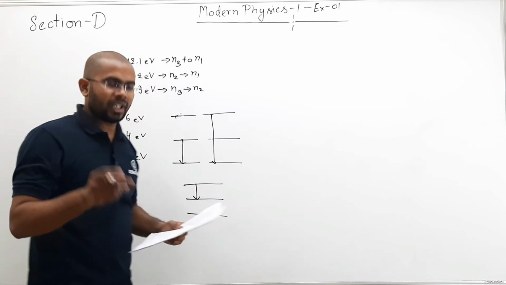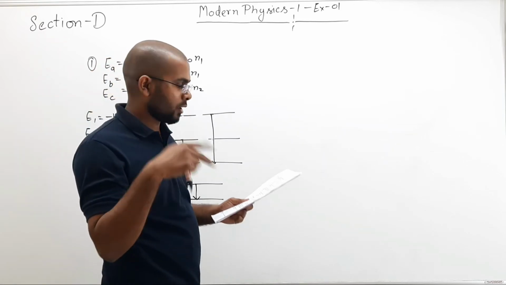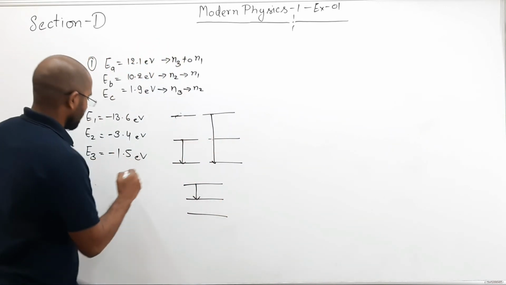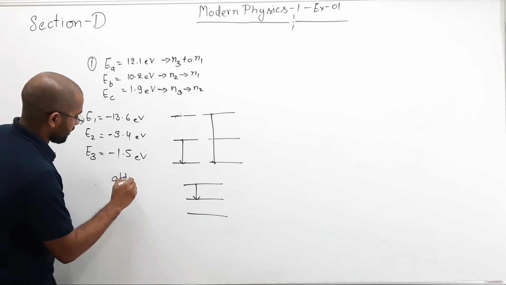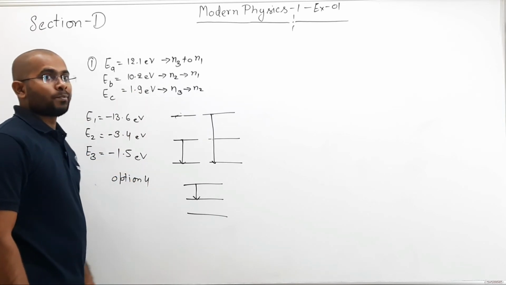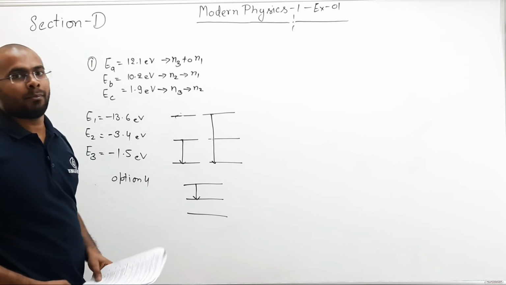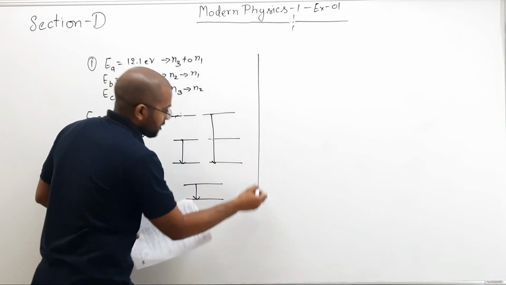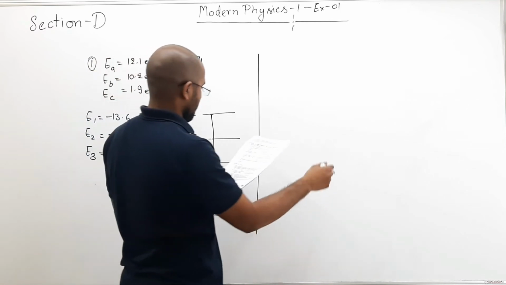So you need either 2 electrons, 2 atoms, or 3 atoms. So option number 4th is the correct choice, that these 3 photons may be emitted by either 2 atoms or 3 atoms.